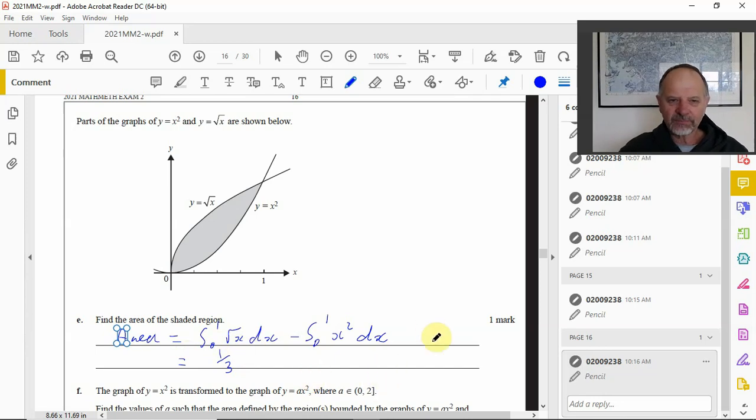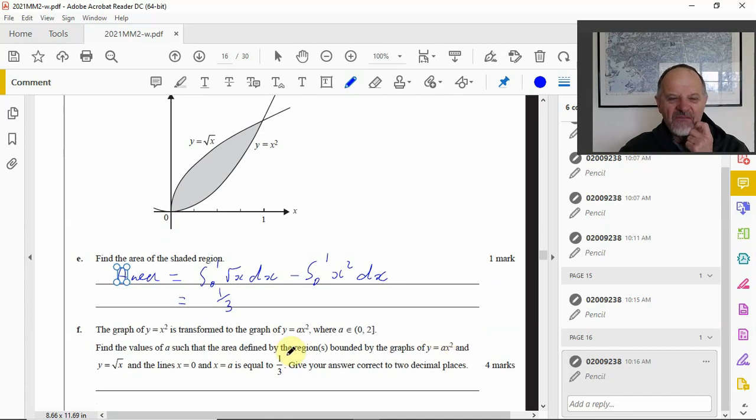All right. Now, for part F, what we do is we transform the y equals x squared graph and make it a x squared, where a is between 0 and 2. It's not 0, but it could be 2. Find the values of a such that the area defined by the regions and these lines is equal to 1/3.